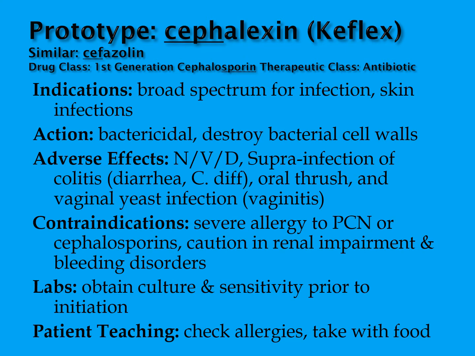Well, the ones that are closer to a first generation cephalosporin tend to cover more gram-positive bacteria, and the ones that are further down, such as fourth or fifth generation, tend to have better coverage for gram-negative bacteria.